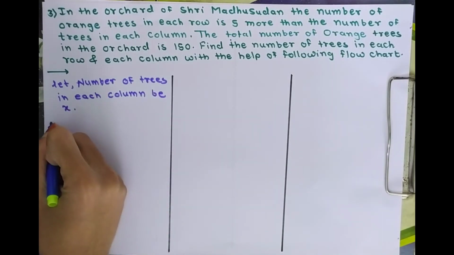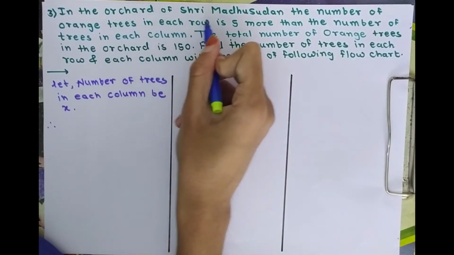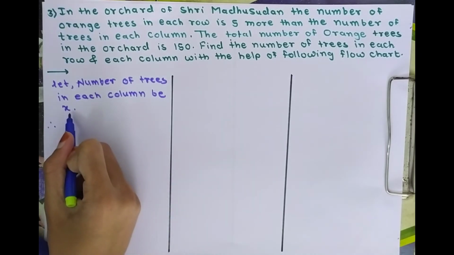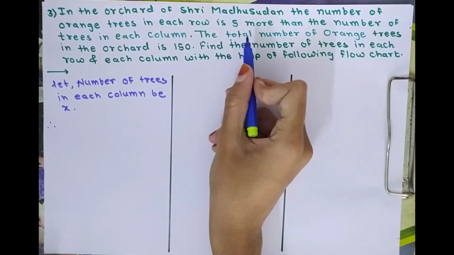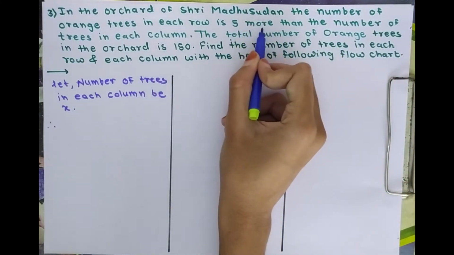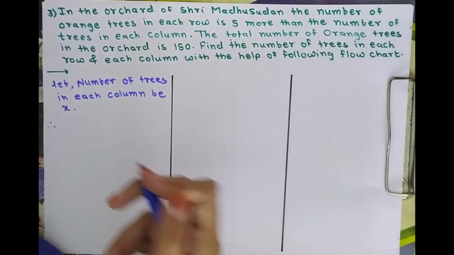Here, what is given? The number of orange trees in each row is 5 more than the number of trees. Suppose the number of trees is x, then the number of orange trees in each row is 5 more than that. 5 more means plus, right? So x plus 5.